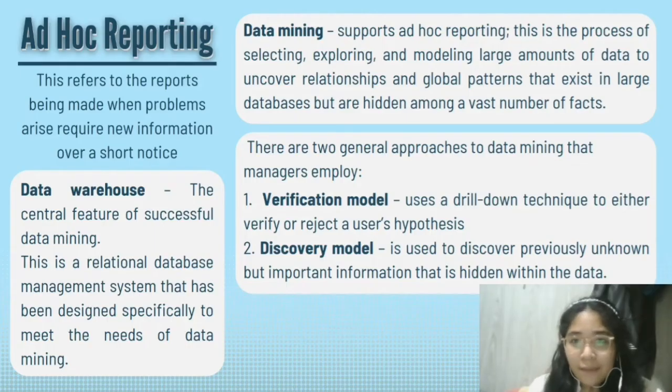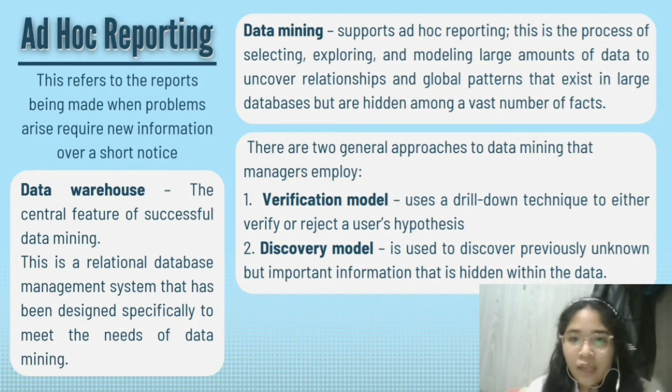For the next type or class of management report, we have what we call ad hoc reporting. Ad hoc reporting refers to the reports being made when problems arise that require new information over a short notice. In reality, managers cannot always anticipate their information needs.